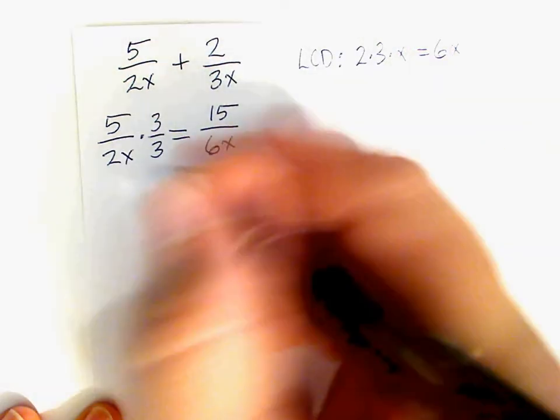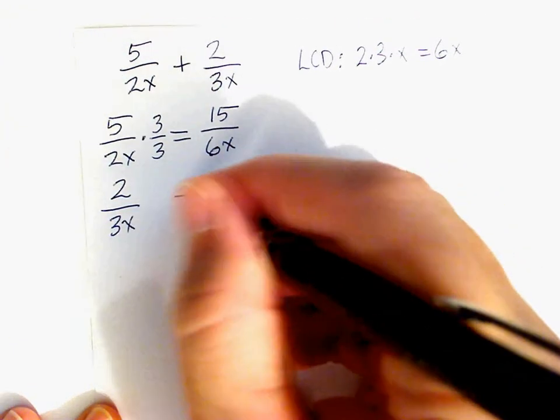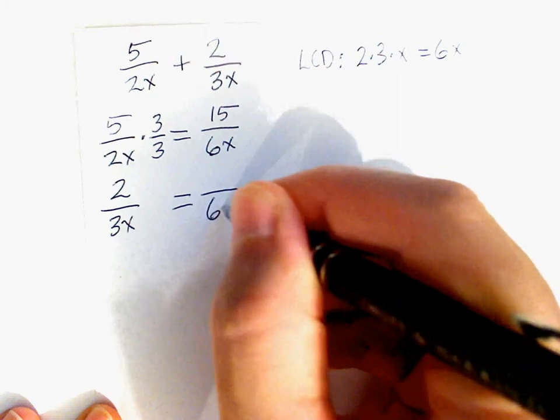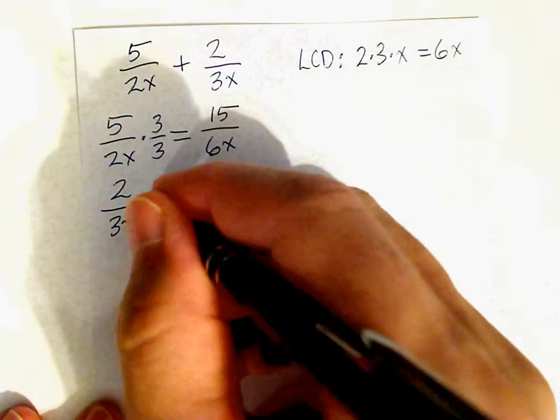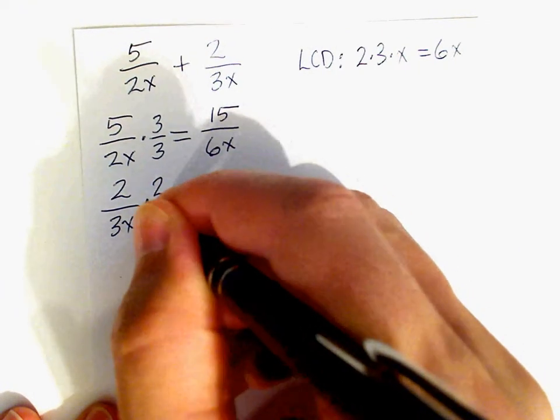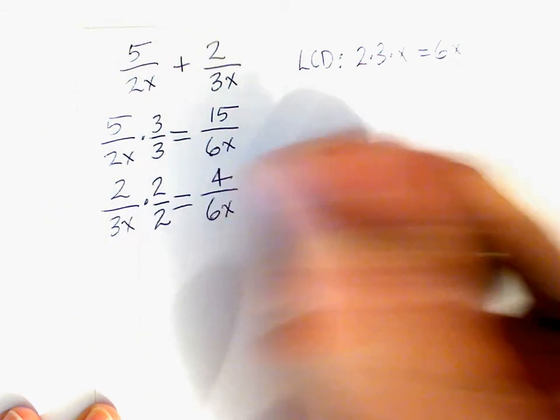Okay, the other one we have is 2 over 3x. And that's going to be equivalent again to some fraction with 6x as a denominator. This time we need to multiply by 2, don't we? And that'll give us 4 over 6x.